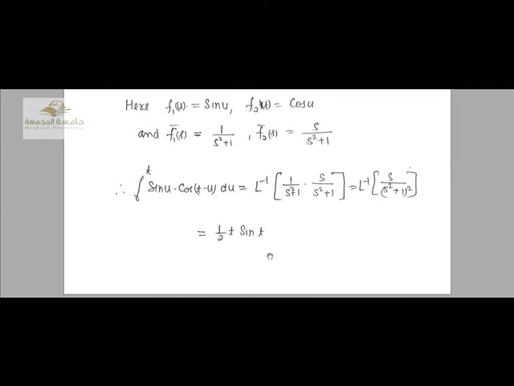So integral 0 to t sine u into cosine t minus u du is equal to L inverse 1 by s square plus 1 into s over s square plus 1, is equal to L inverse s over s square plus 1 whole square. This is equal to 1 by 2 t sine t. This is the required answer.